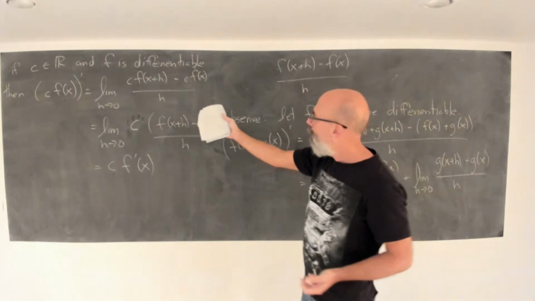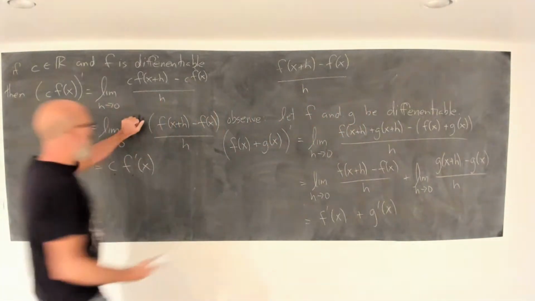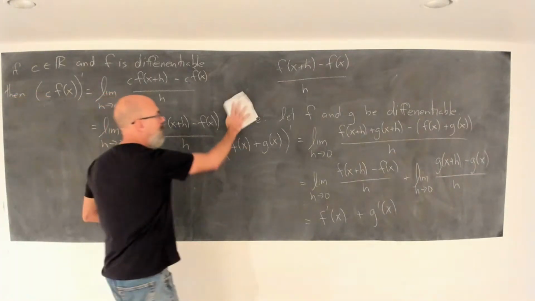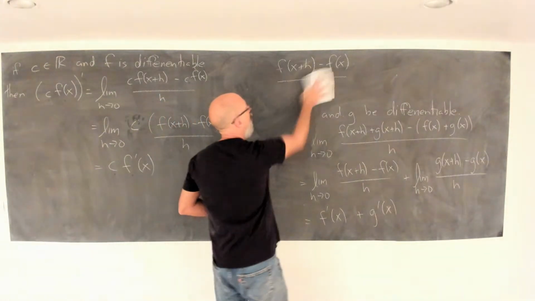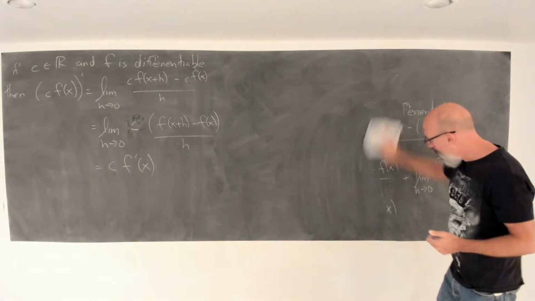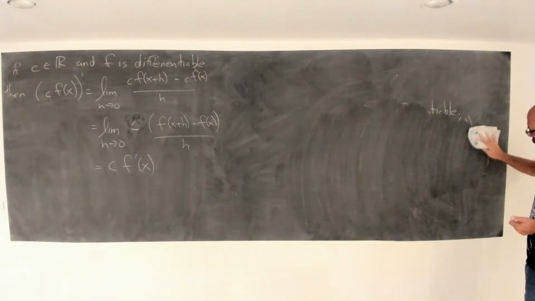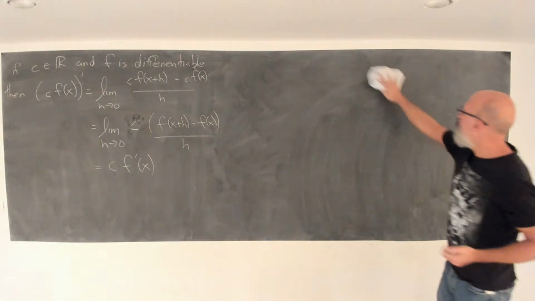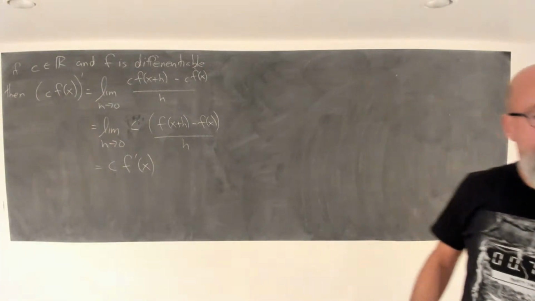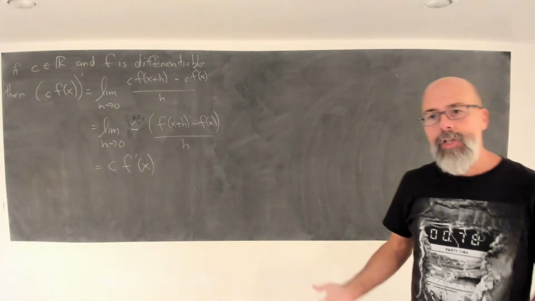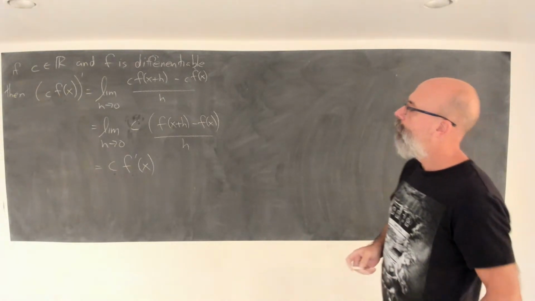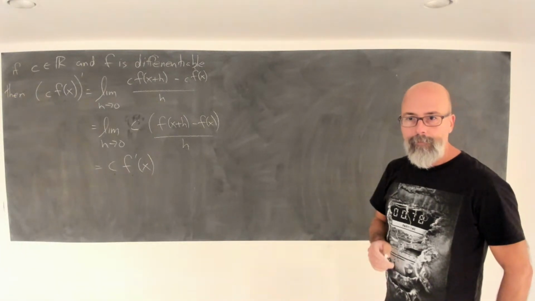Whether a function is differentiable or not really depends on whether this limit exists. And this being a limit, you know that there's an epsilon delta definition for limits. Consequently, this translates to an epsilon delta definition for the derivative. I won't state it. We're not going to spend any time on that, but there is one.